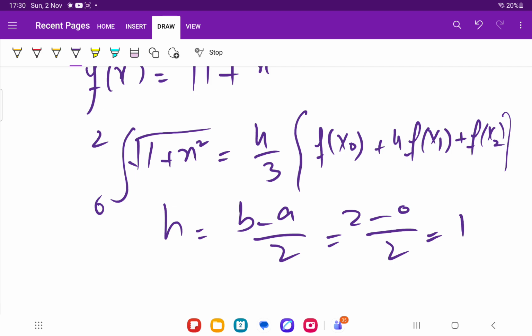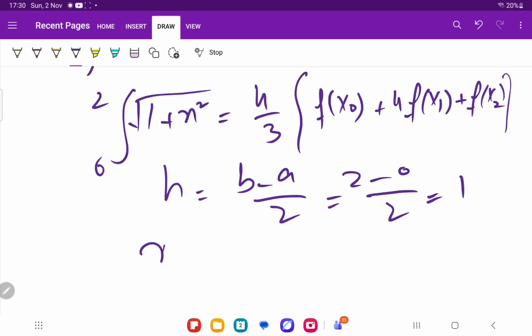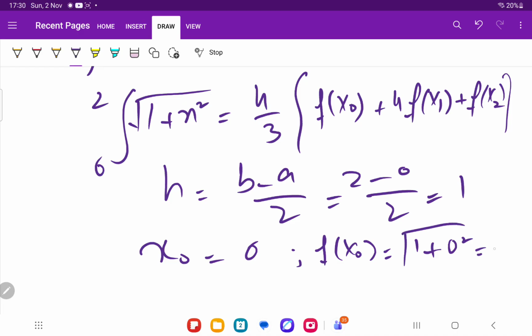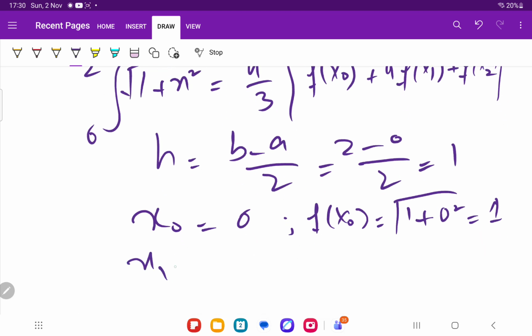Okay, h is there. And x naught is 0. So what is f of x naught? 1 plus 0 square, square root, answer is 1. First of all, we have to compute x1.